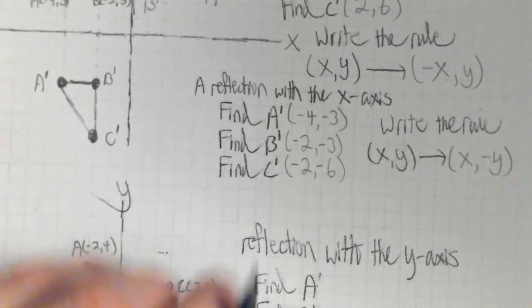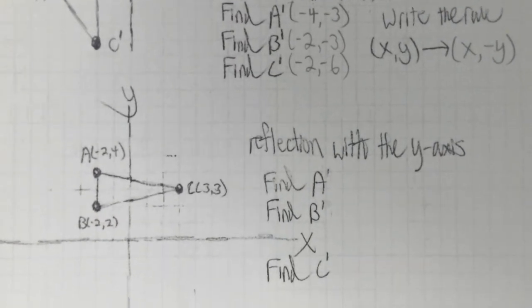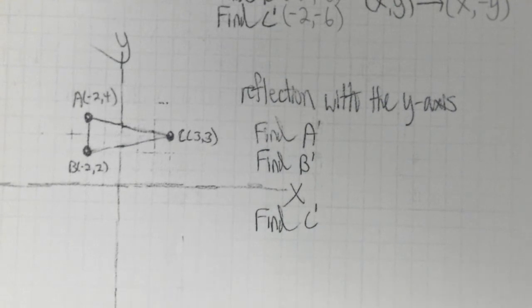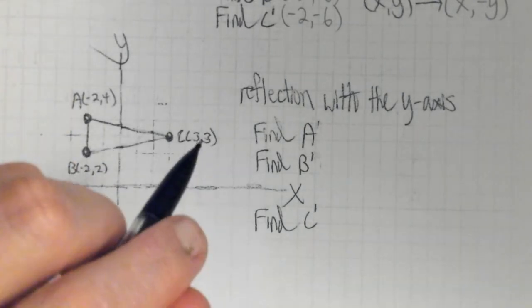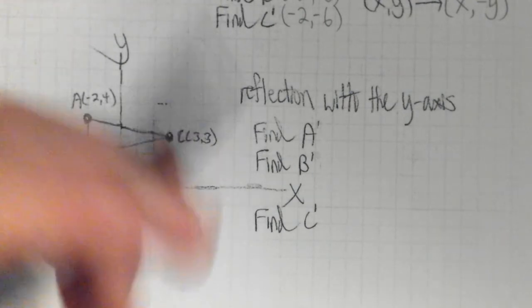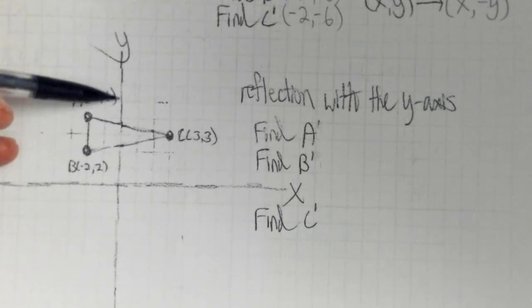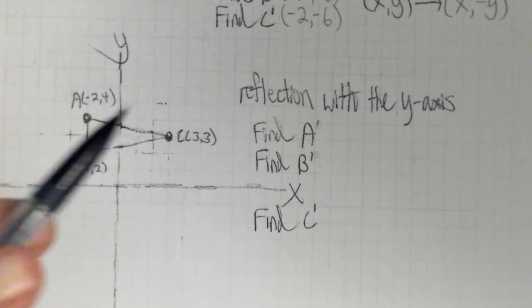Okay. Let's look at another example here now. On this one, we're doing a reflection with the y-axis. Now it is possible for the mirror or the line of reflection to go down through the middle of the figure, and that's really what's happening here. So I've got my line of reflection right down through the middle of the figure, and that's fine.